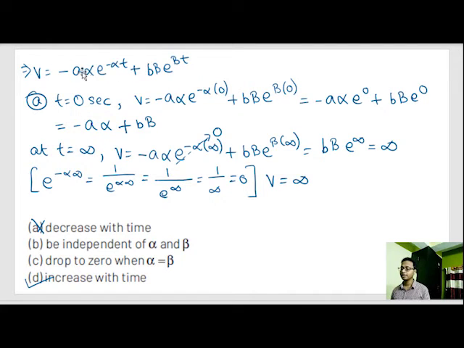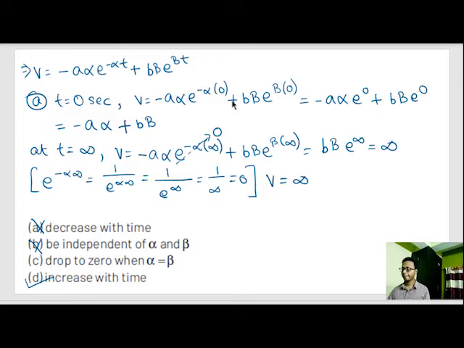That means, does this velocity equation contain the terms alpha and beta? If yes, it is dependent. If no, it is independent. Because they contain the terms alpha and beta out here, that means it is not independent. It is dependent on alpha and beta.